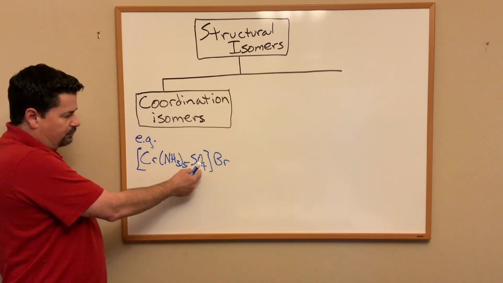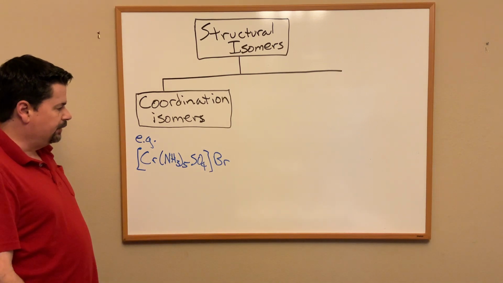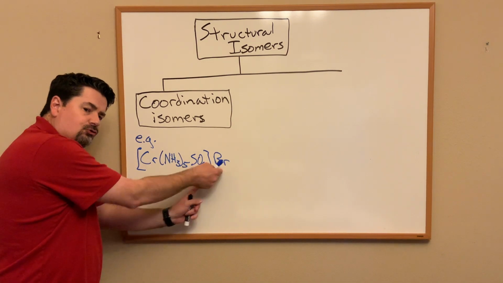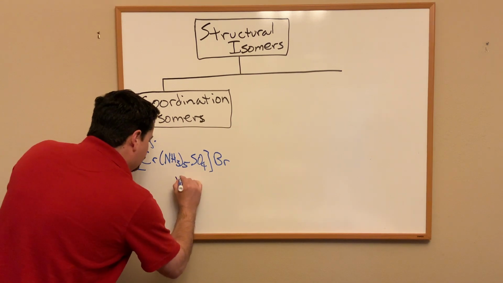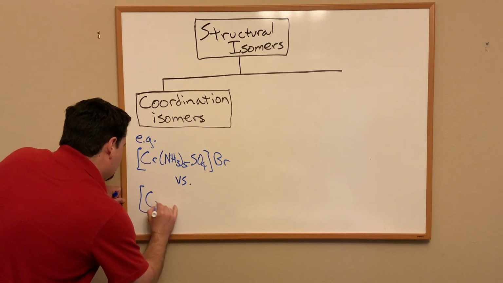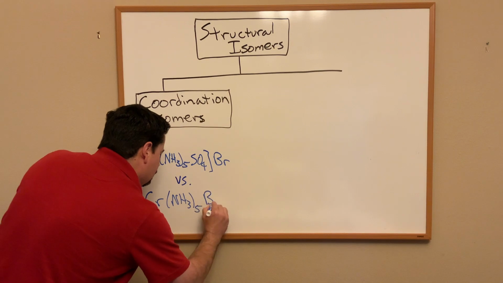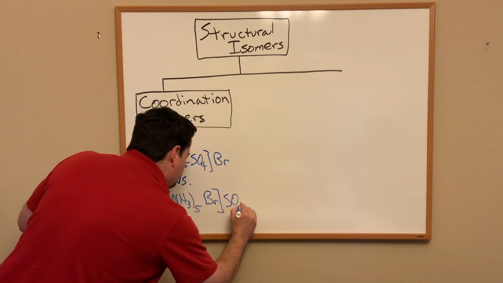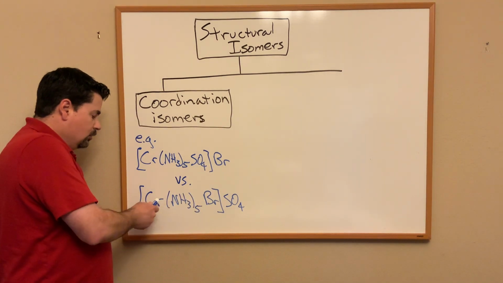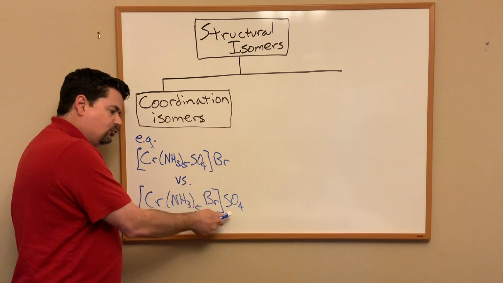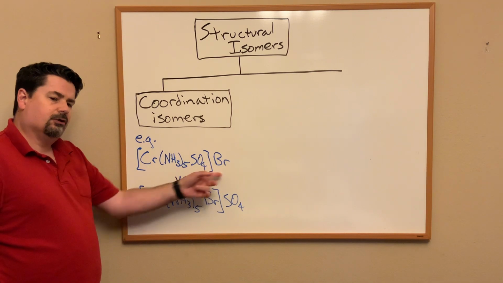It's chromium 3 because we have a 2 minus here, so it has to be net plus 1 to have the 1 bromide there. Anyway, if we swap these two, the bromide and the sulfate, we would then have a pentaamine bromo chromium 3 sulfate. So we've essentially just switched the bromide and the sulfate.